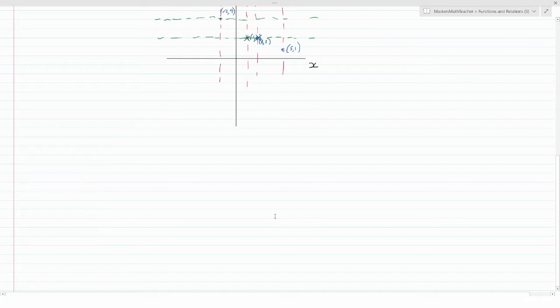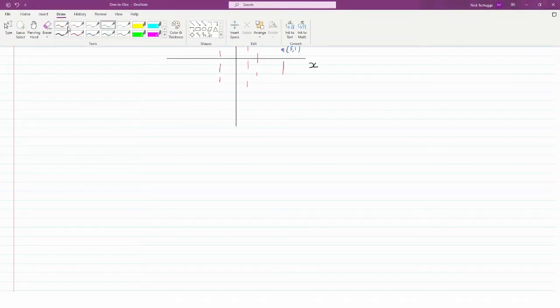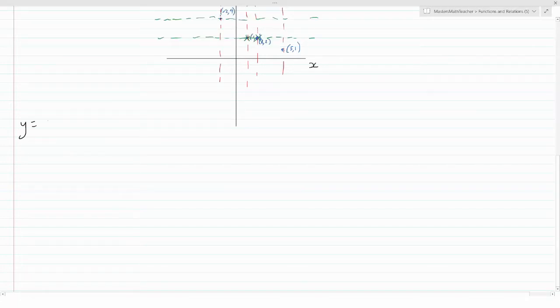Let's look at some of the examples we know and love. Let's look at y equals 1 over x. Now, hopefully you recall, this is a hyperbola. A hyperbola has asymptotes at x equals 0 and y equals 0.